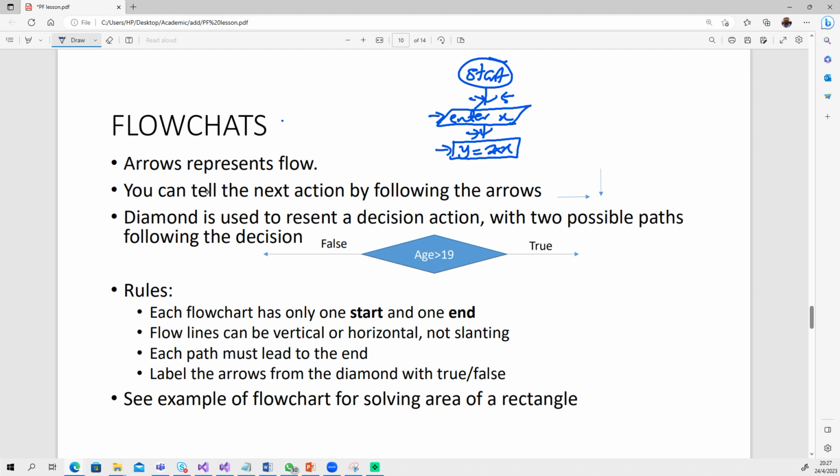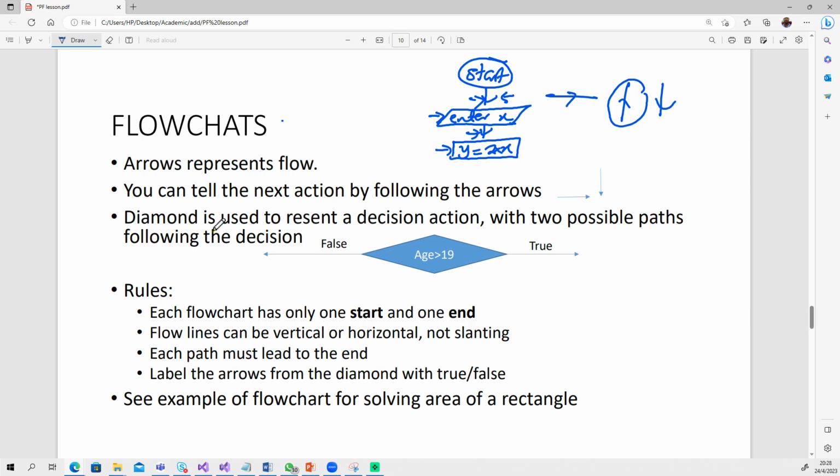So in a flowchart, there will always be lines like this, or there could be lines going up, or sometimes going down. In most cases, they're going down. There are rare cases when a line goes up, but it's there. So these lines tell you where the next action is in the process, or in that program, so to speak.